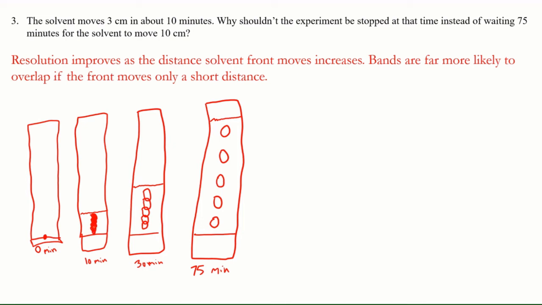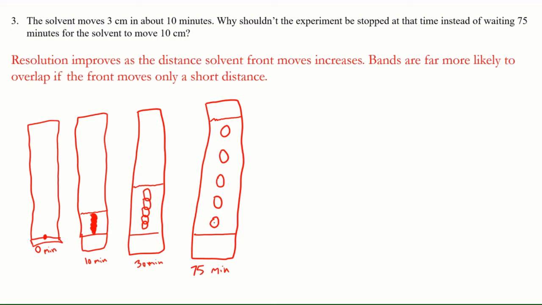It will be very difficult to know if this is one spot, 2 spots, or 5 spots. Here we could start to get a feel that I have more spots, but the longer you wait, the more resolution you will get, and the better the substances will separate from each other.